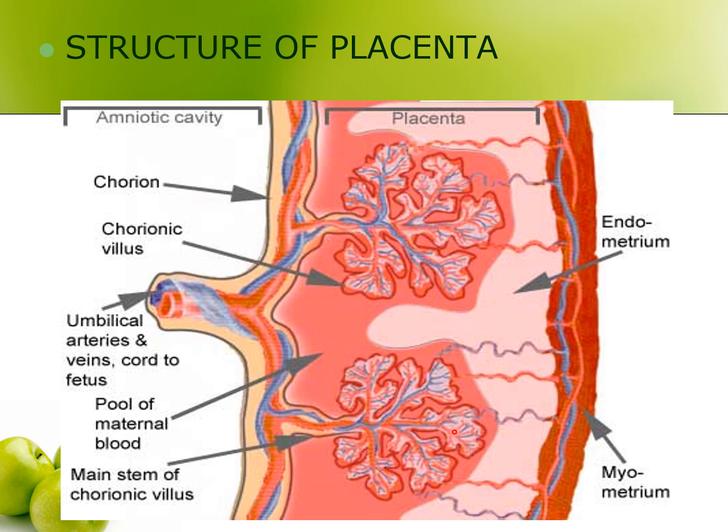These are the villi, 1 villi, 2 villi, and blood vessels are there. Mesoderm, cytotrophoblast and syncytial trophoblast are there. All these cells together form the villi, and here the endometrium, the decidua, is there, and here the myometrium is there.